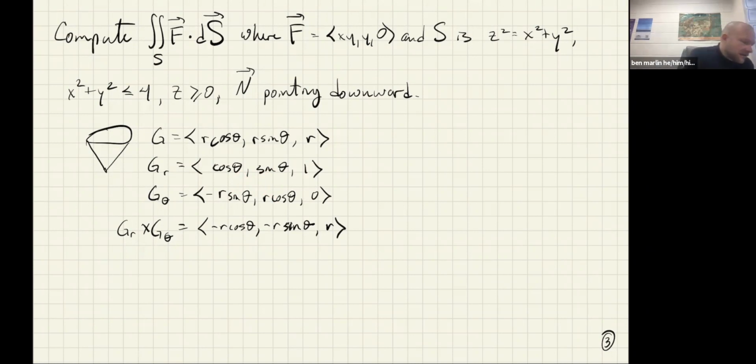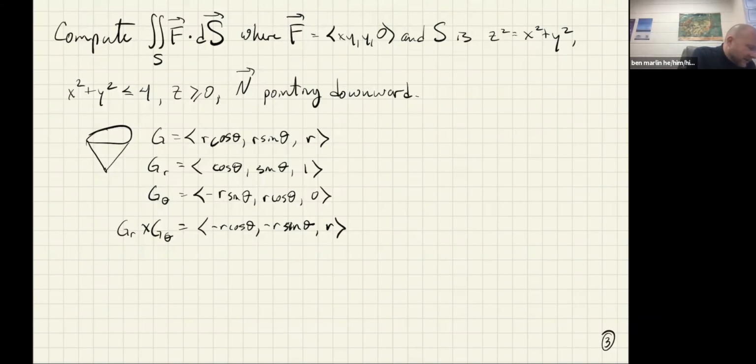Notice here that I'm supposed to be getting an n vector to point downward. This n vector points upward. So what I really wanted was going to be G sub theta cross G sub r. But I don't have to rework this.